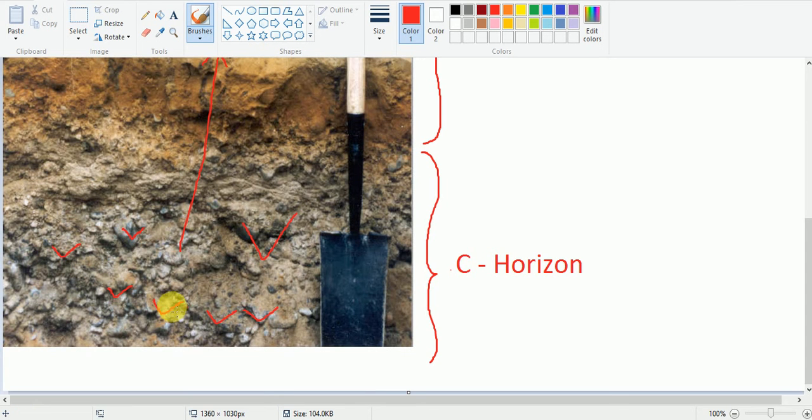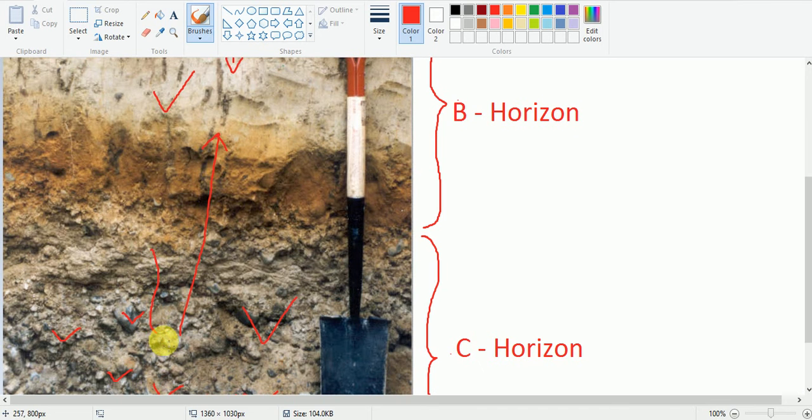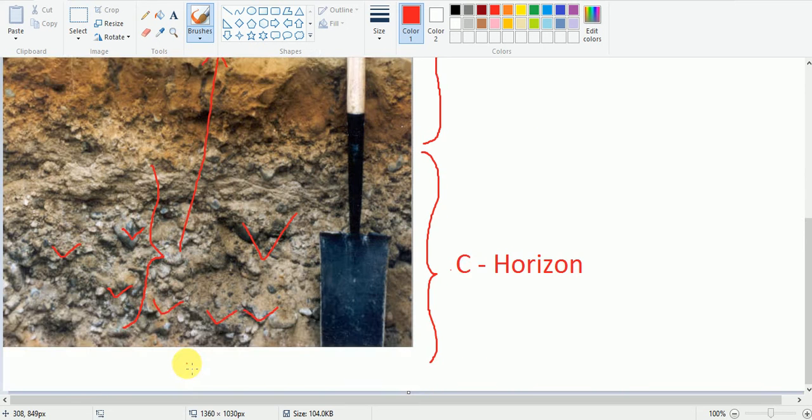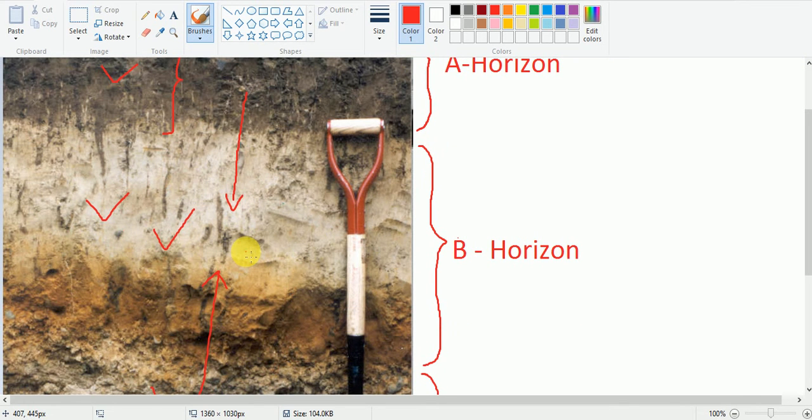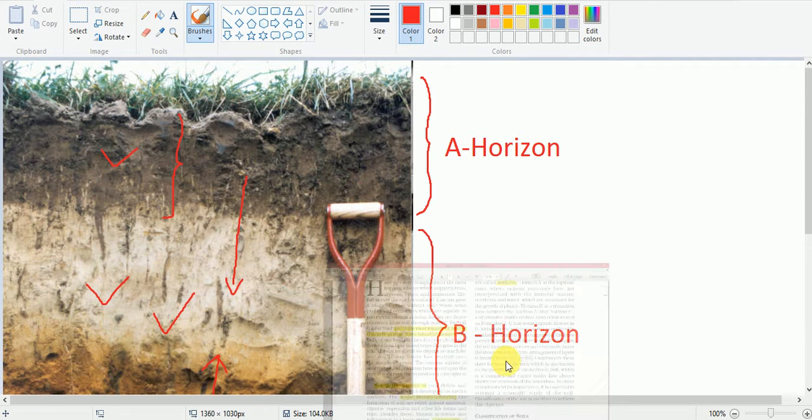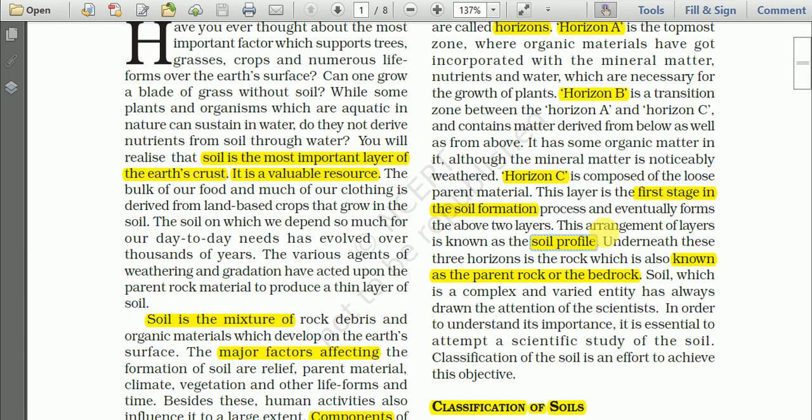And after weathering of this parent material, these two layers, A horizon and B horizon, have been formed. Remember, such arrangement of the soils into layers is known as a soil profile. That is, the arrangement of soils into layers is known as soil profile.